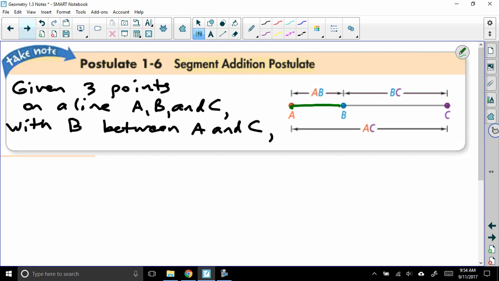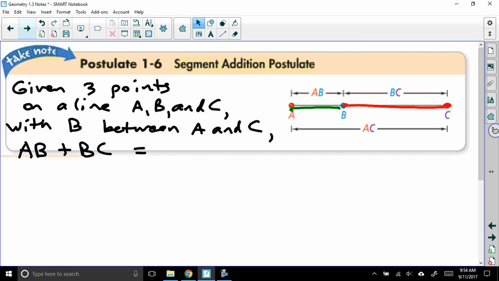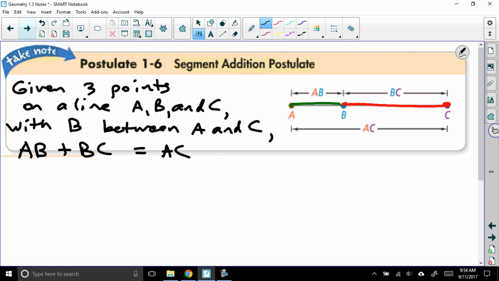So what we're saying then is, if we were to take the length of segment AB and we were to add that to the next segment, BC, the length of that, when we combine those two segments, it's equal to the length of the entire segment from A to C. Okay, to me it makes perfect sense.